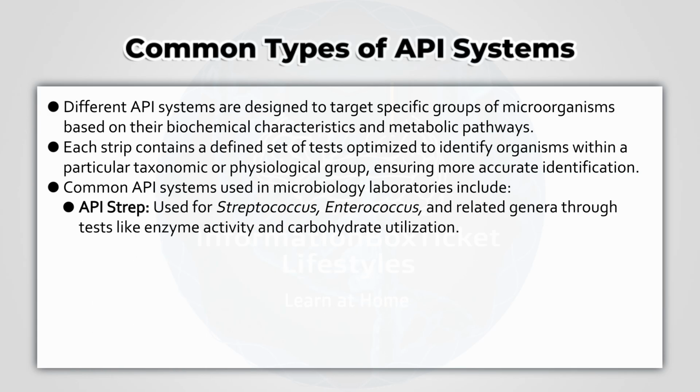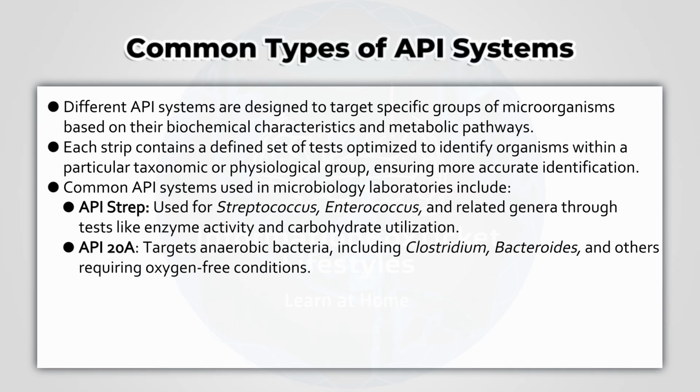API Strep, used for Streptococcus, Enterococcus, and related genera through tests like enzyme activity and carbohydrate utilization. API 20A targets anaerobic bacteria, including Clostridium, Bacteroides, and others requiring oxygen-free conditions.